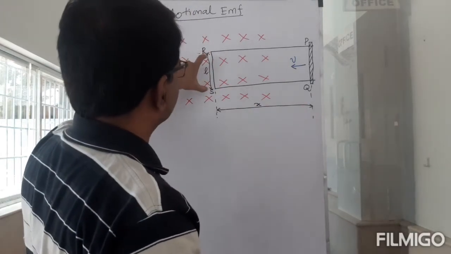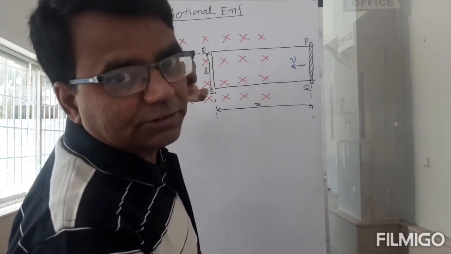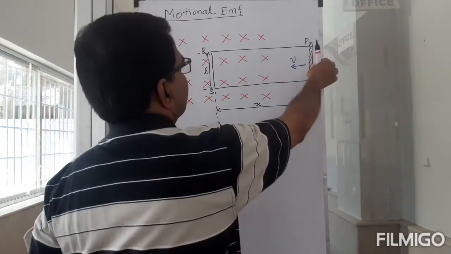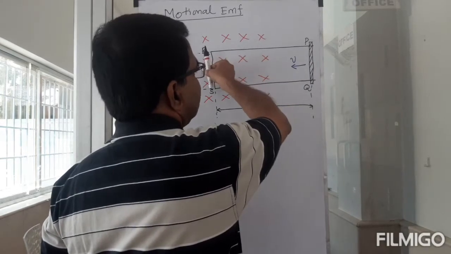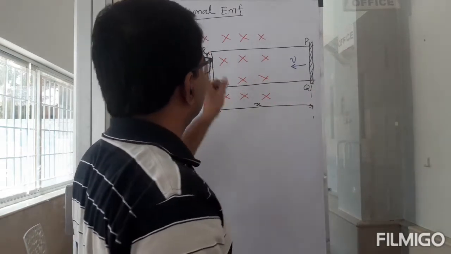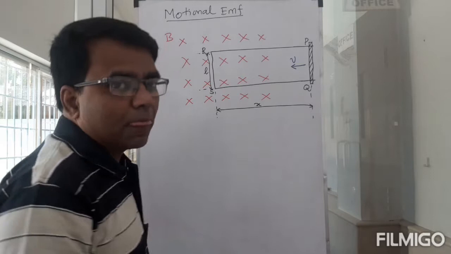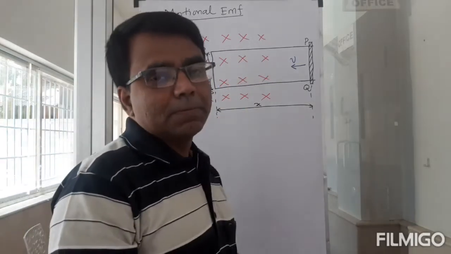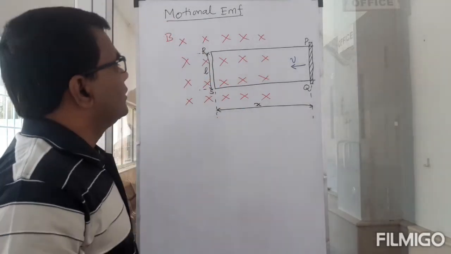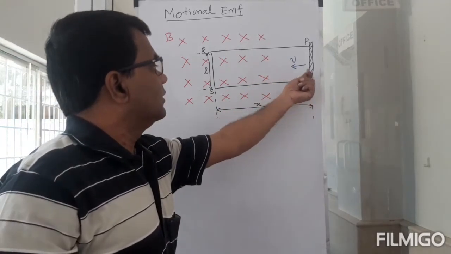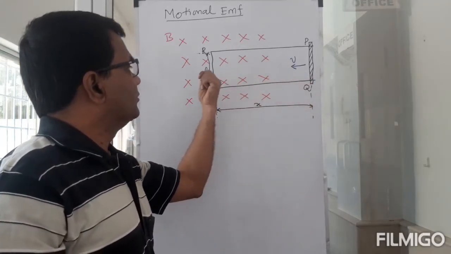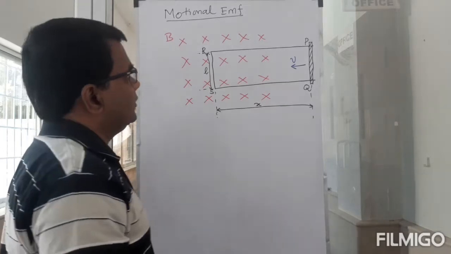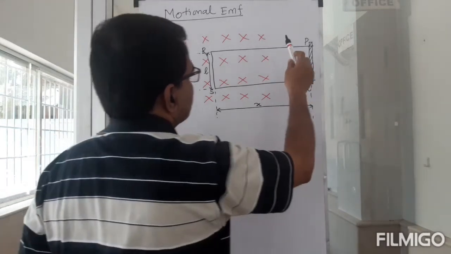But L won't change, and B also will not change. I can move this rod towards this, or I can take it away from this segment. So this is the setup. Let's say I'm going to move this from here towards the magnetic field. Suppose it's here.